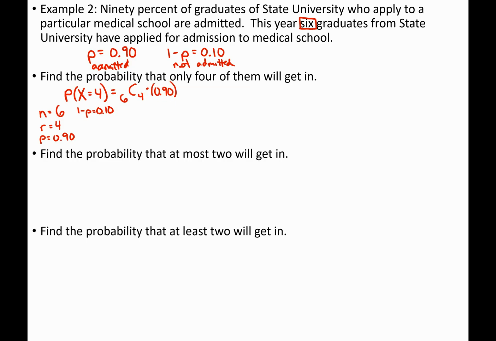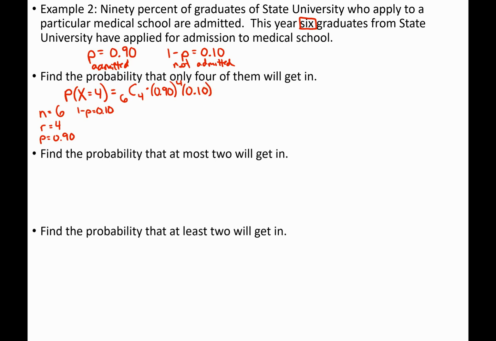The exponent for the probability of success is how many successes we want. That's our x. We want 4. Then we're multiplying by the probability of failure, which was that 10%.